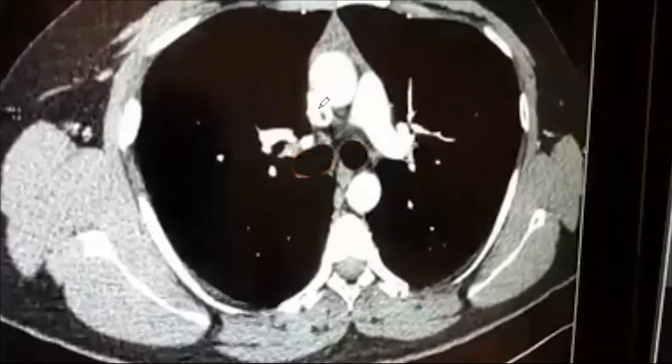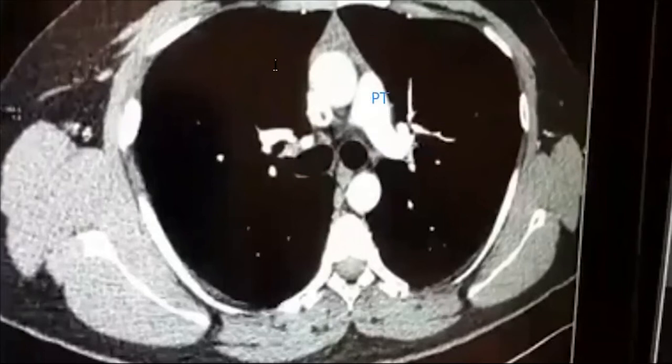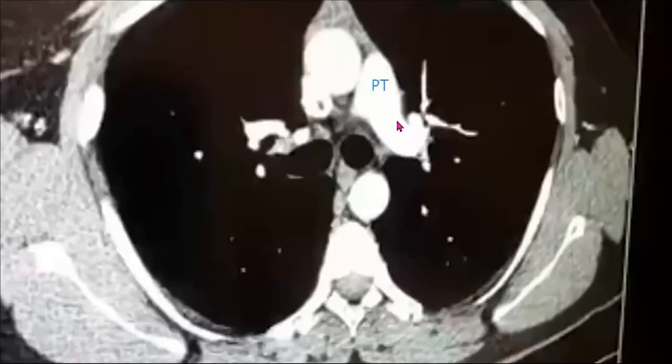Here we can see some new structure appearing. This is the pulmonary trunk. The pulmonary trunk is giving its branches, left and right. At this upper section, we can see its left branch because it arches slightly above.